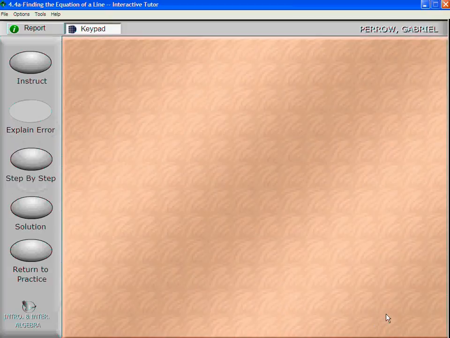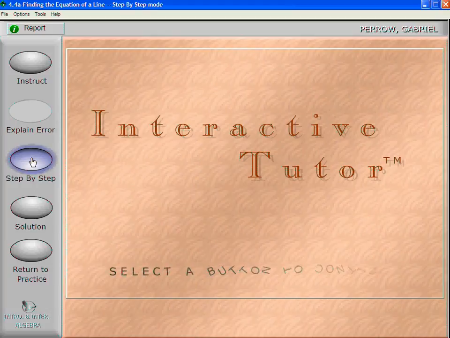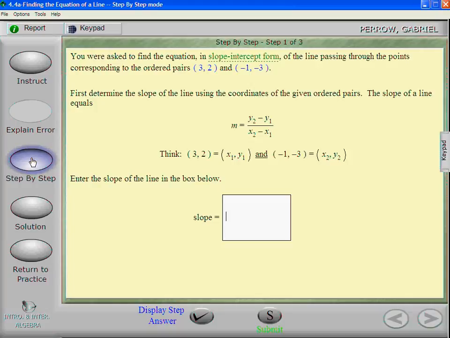Let's use the tutor mode because it shows us some nice steps. They remind you that m equals y2 minus y1 over x2 minus x1, and they tell you how to label those points, and then says enter the slope of the line in the box below.